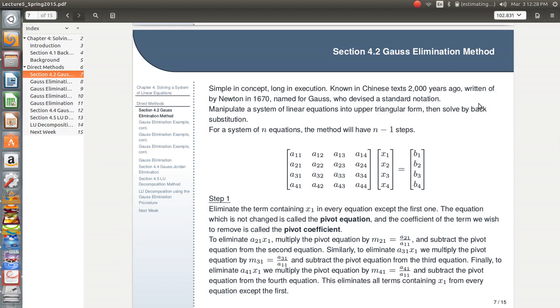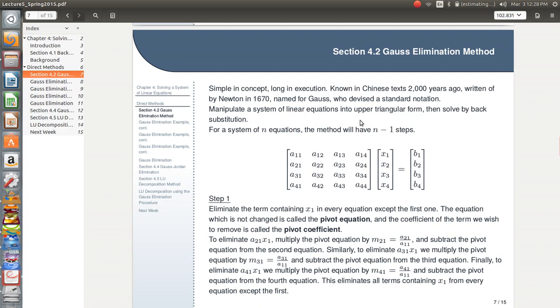So, in every case, we look at a series of n equations, which should then have a series of n unknowns, the same ones. The method will take n minus 1 steps. So if you have a very long system, this becomes a very long problem to solve by hand.